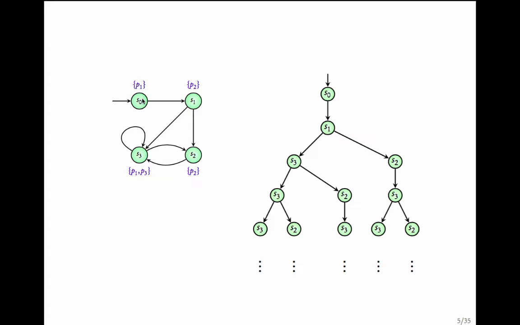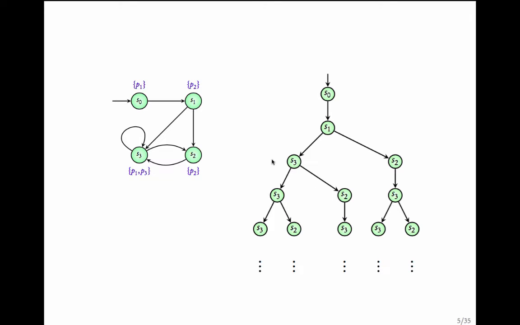At S0, there is only one transition, which is S1. At S1, there are two transitions, S3 and S2. So you have these two transitions going to S3 and S2. Now at S3, there are again two transitions going back to S3 and to S2.